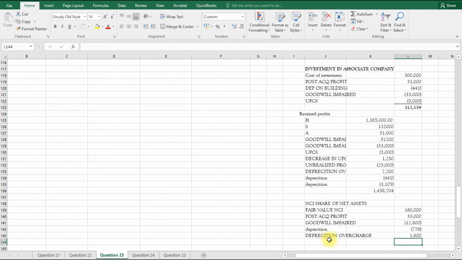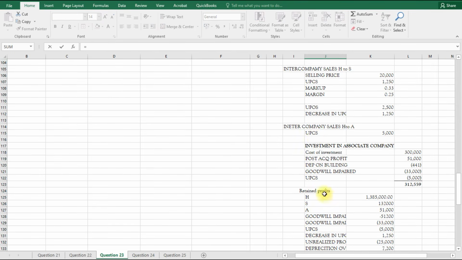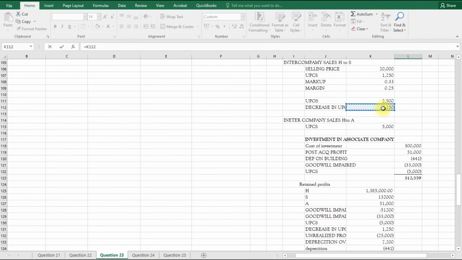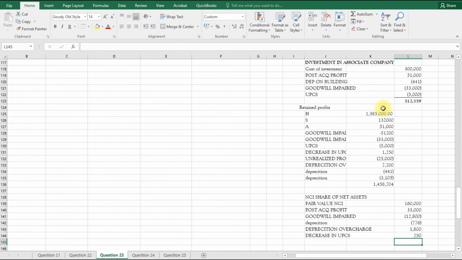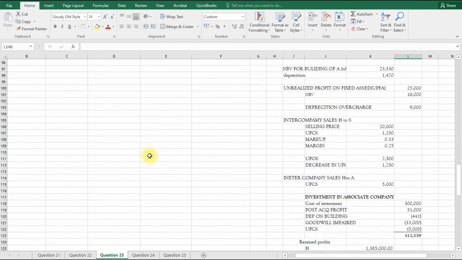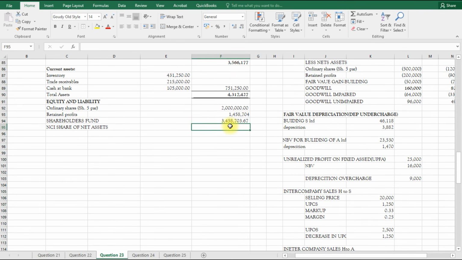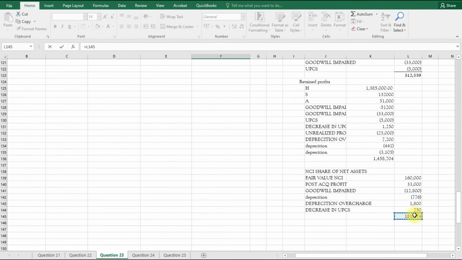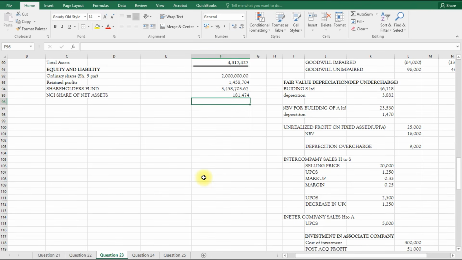And we add the decrease in UPCS, and then they'll take a share of the decrease in UPCS, which was this, by our share of 20%, should be 250, and I put alt equals and I enter. So that will be our share of the NCI share of the net asset. So this one will be equals to this value. And I enter.